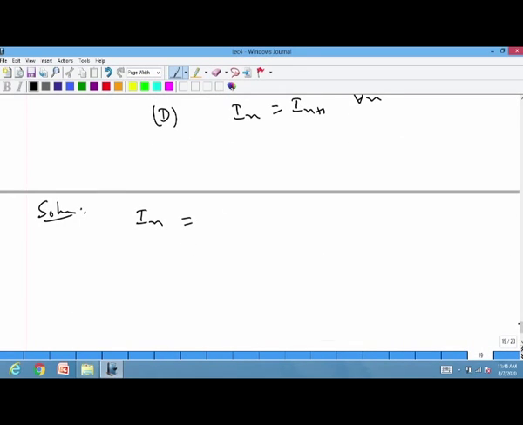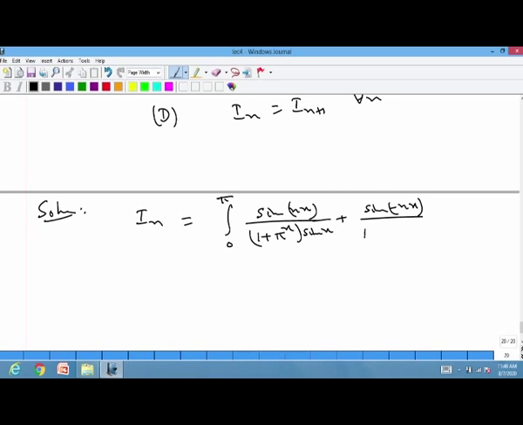So, we know that this will be equal to the integral from 0 to pi of sin(nx) by (1 plus pi to the x) times sin x, this is f(x), plus f(minus x), which is sin(minus nx) by (1 plus pi to the minus x) times sin(minus x) dx.